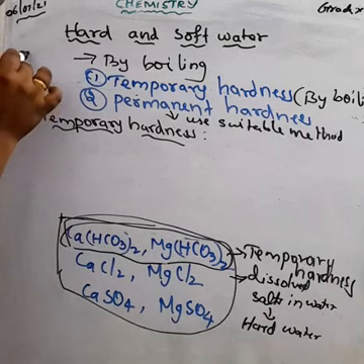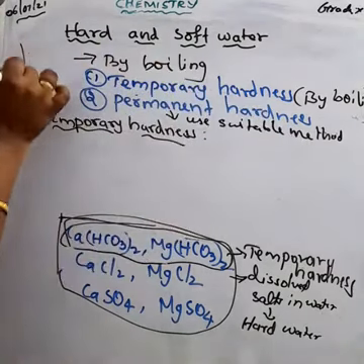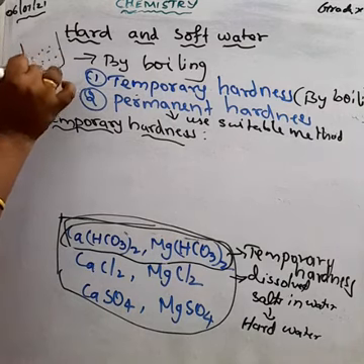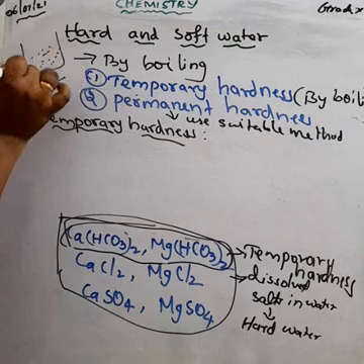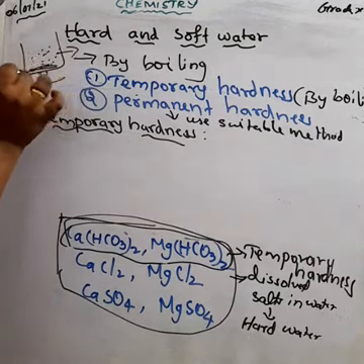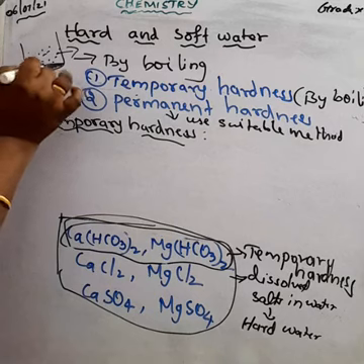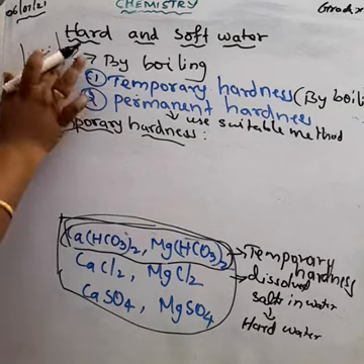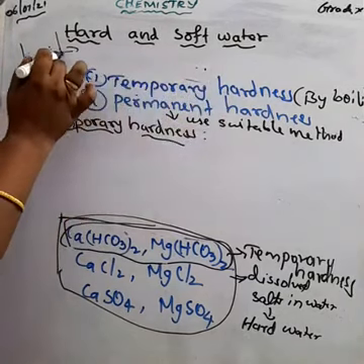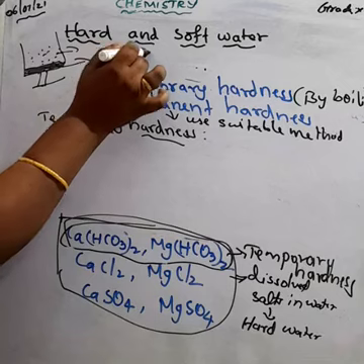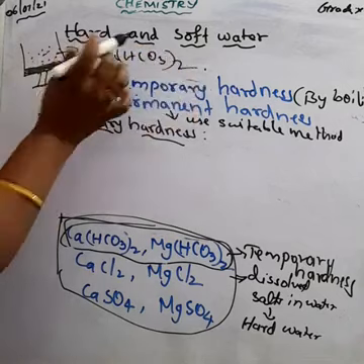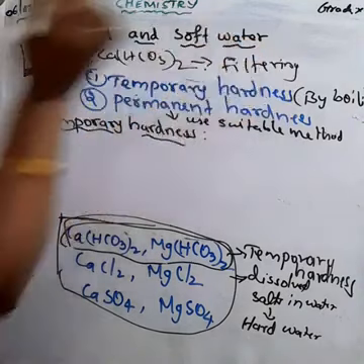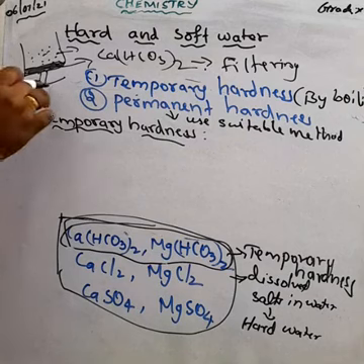When we take a beaker of water and boil it, the calcium bicarbonate or magnesium bicarbonate present in the water decomposes, forms a precipitate and settles at the bottom of the beaker. And we can separate this salt by filtering. When we filter this water, we can separate the dissolved salt from the water. This is the temporary hardness.